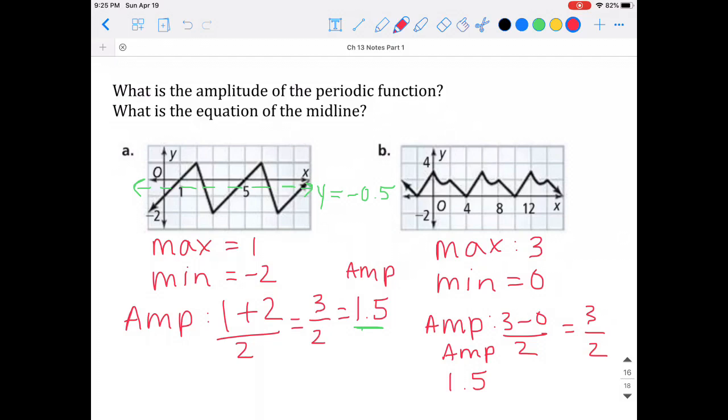Our midline is directly in between the maximum and the minimum, which gives us a midline at y equals 1.5. Our graph is going up in intervals of 2, so that's going to be right about here on this graph.